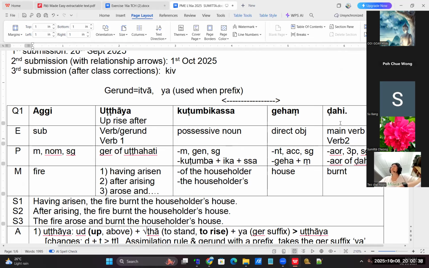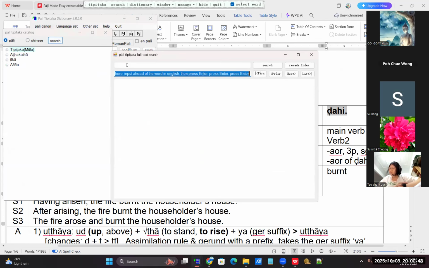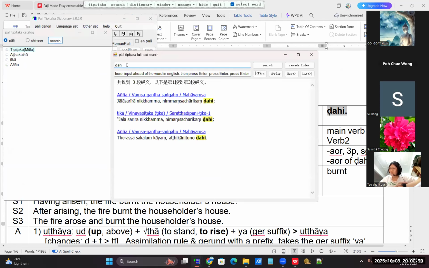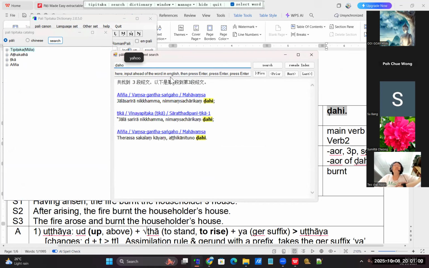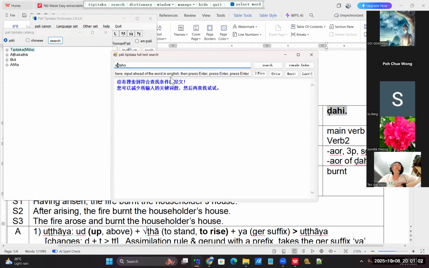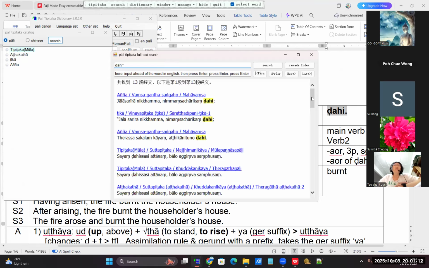Okay, so this is a simple sentence. Now beside this dahi, can we put adahi? There's a question you should sometimes ask when you put the aorist: should we put the augment a or not? Let's say we put adahit. Three examples only. Do we have adaho? No. So there's only one example, adahi. But adahimsu, maybe this one, only this one.